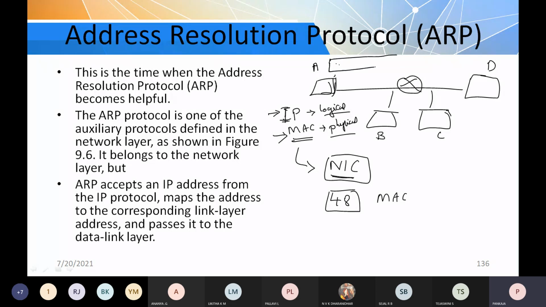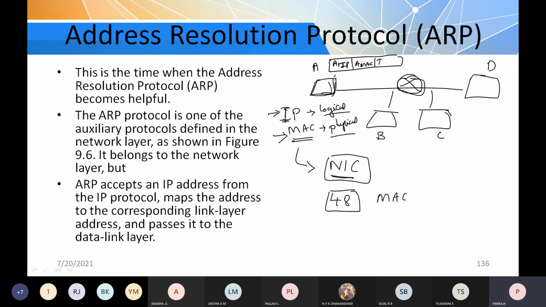Let me write the packet format. A knows its IP address, which I will write as A IP, then its own MAC address, A MAC address. Then it may know the IP address, because whichever device is connected to the internet, all IP addresses are stored at the router, so that can be known by this particular device.